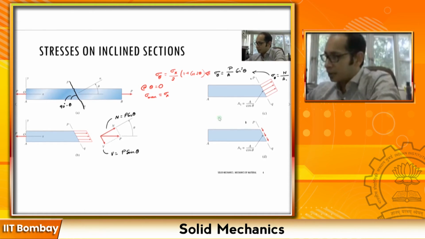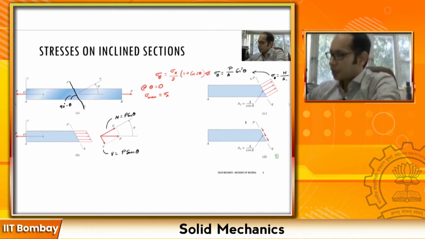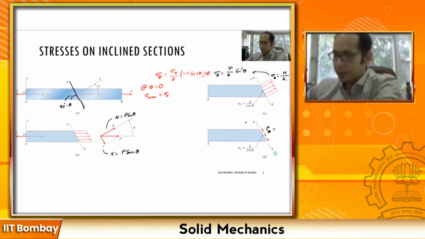Now let's look at this other case. Here we know that this particular force which is acting is V, which generates the shear stress tau over here. So how can we write tau of theta?